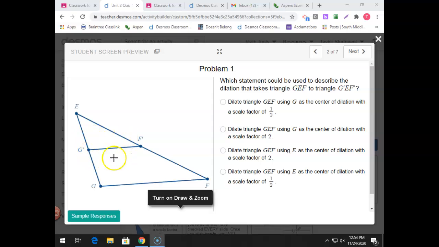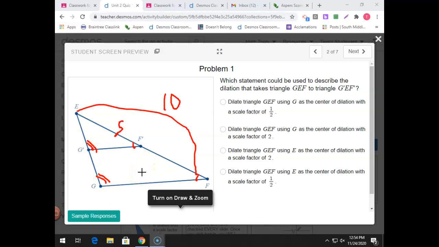about dilations. Remember the angles: this angle is the same as that, this angle is the same as that. So all angles are the same, they're all congruent. The side lengths: if this side length was 10, this one is 5 because it's a dilation of half. And that would be the same with perimeter.